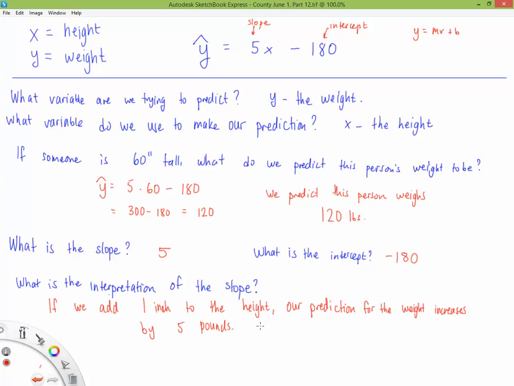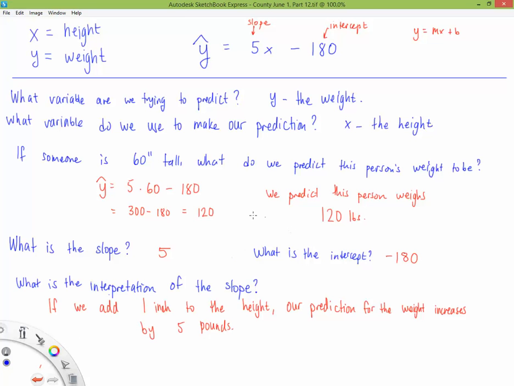That kind of makes sense. Of course, it doesn't always work this way, but these are our predictions, just a rough guide. We add 1 inch to the height, and our prediction for weight goes up 5 pounds.